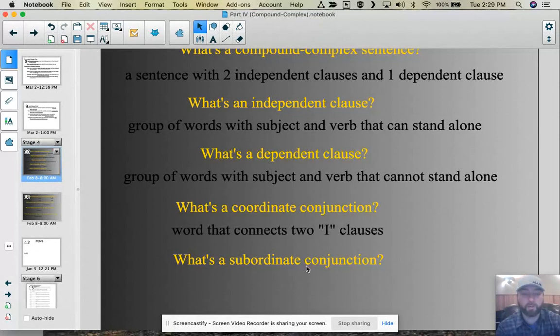If you said a word that connects two I or independent clauses, you're good to go. And what's a subordinating conjunction? If you said words that connect a D dependent clause to an I independent clause, you are good to go.